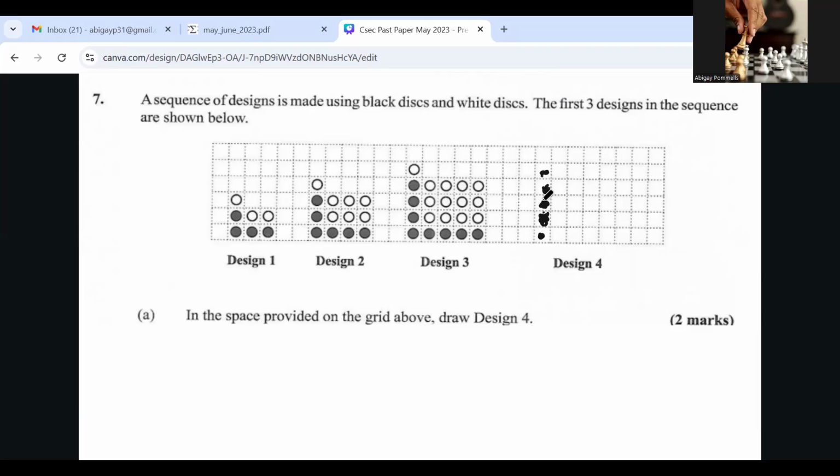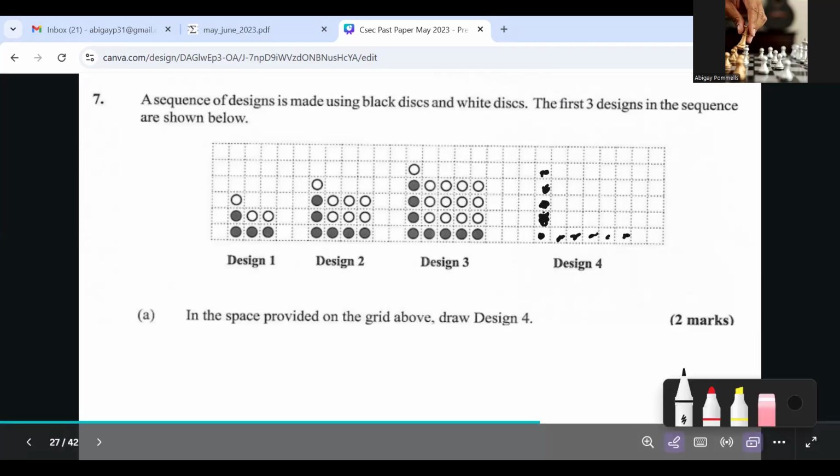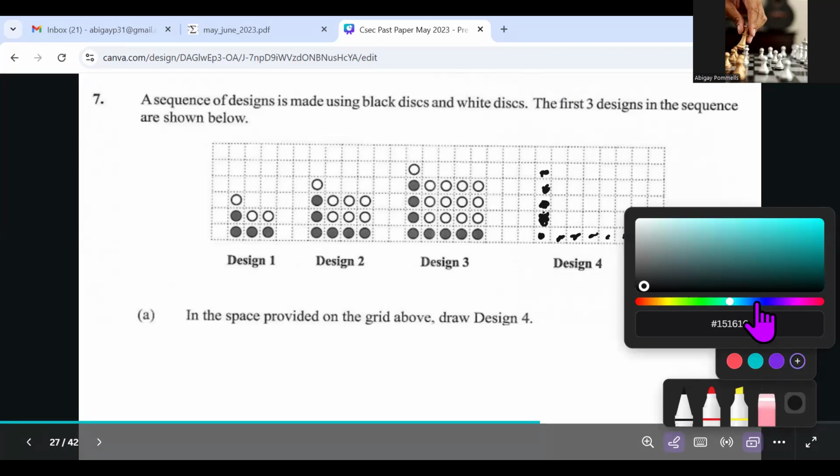So that's 5. And then down here, 1, 2, 3, 4, 5, 6. And then just fill in the clear ones.